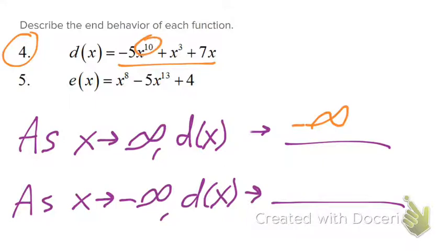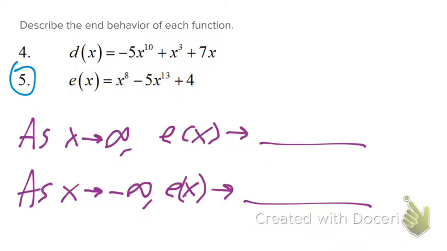All right, 10 is even, so that means it's going to go in the same direction on both sides. So d of x approaches, oh wait, my bad, it approaches negative infinity on the right, so it's also going to approach negative infinity on the left. Okay? So if we were graphing it, we would start with that and then figure out what happens in between the end behaviors. Okay, for this example, e of x.